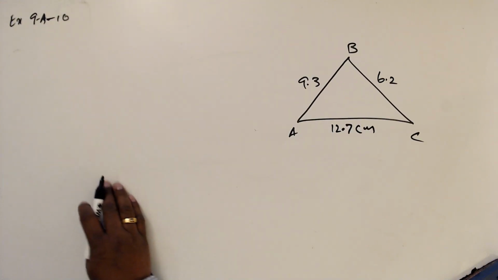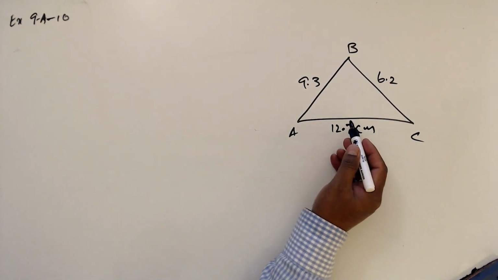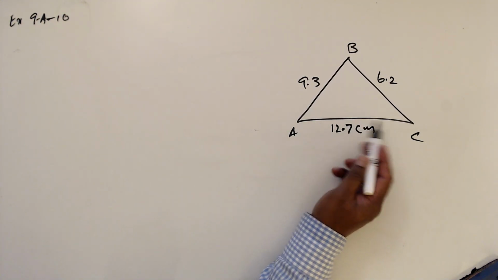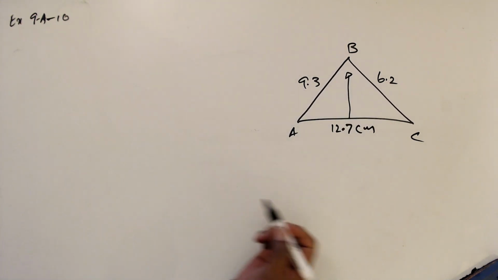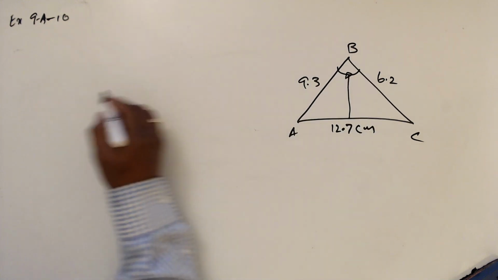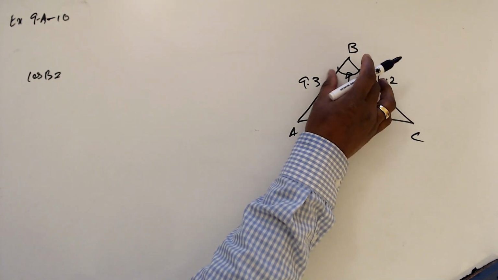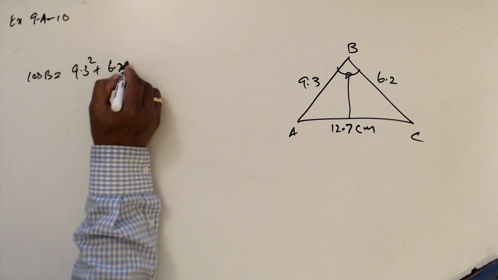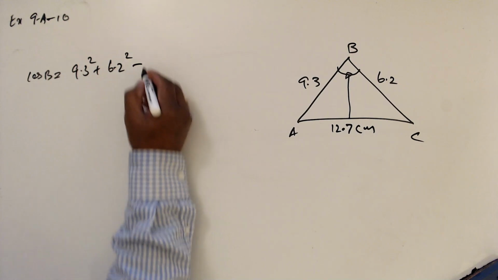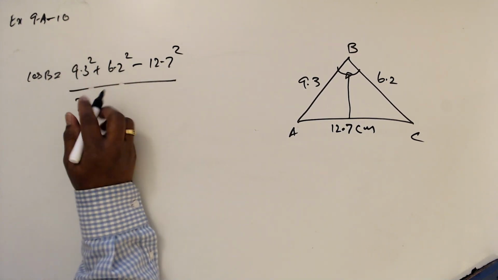Number 10. The largest angle is in front of the large side. So this is going to be the largest angle. Cos B equals the 2 adjacent squares, 9.3 square plus 6 square, then minus the front square, then over 2 times the adjacent.